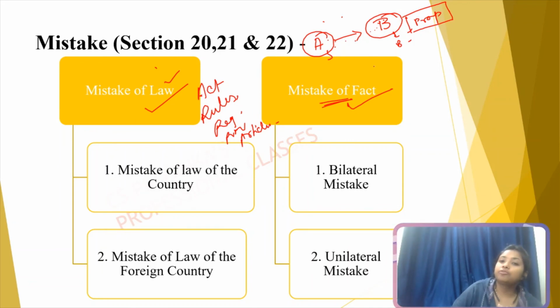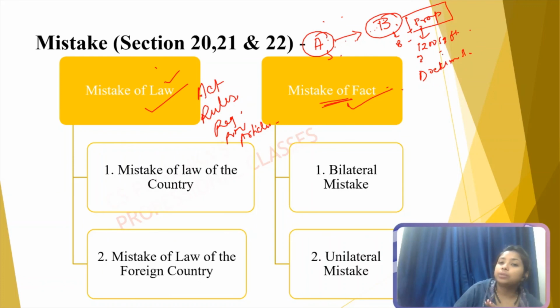But what about fact? For example, this property. Think A wants to sell one flat to B, and that flat is, for example, 1200 square feet. The actual price, the actual documents, every detail.